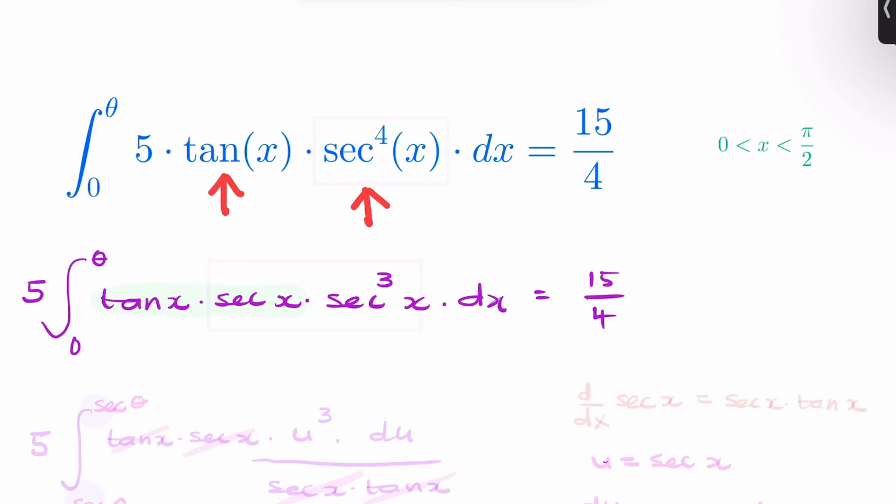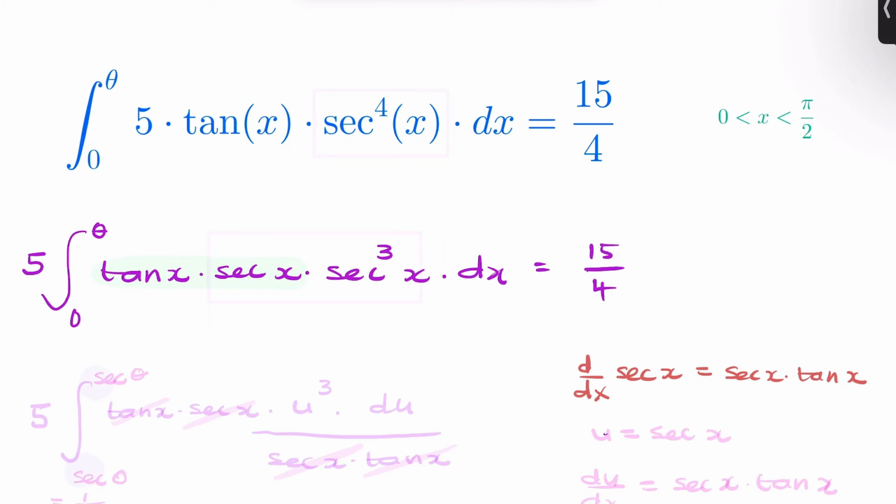Now you could use the reverse chain rule, keeping in mind that the derivative of secant x is secant x tan x. And that's really useful because we have secant x to the power 4, and you can rewrite that as secant x to the power 3 times secant x.